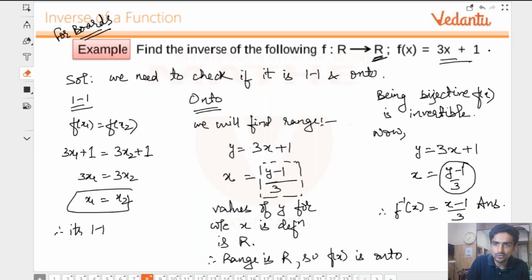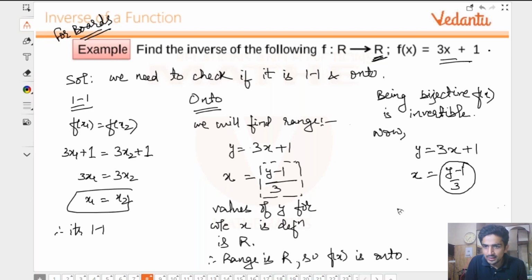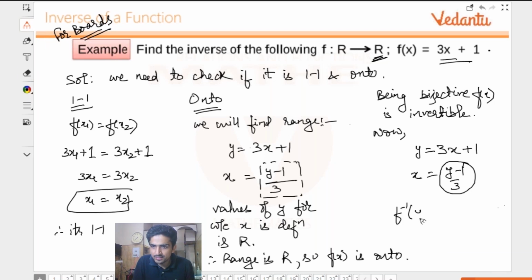Okay, I was expecting this doubt. Listen guys, listen. Clearly my inverse is (y minus 1) by 3. That is my answer. Nobody should have problem with that, because that is something I just told you: whatever you get, the value of x is your inverse.